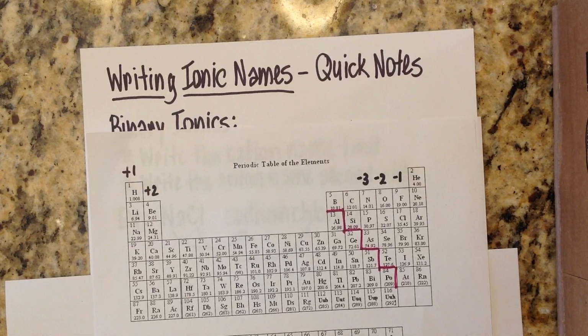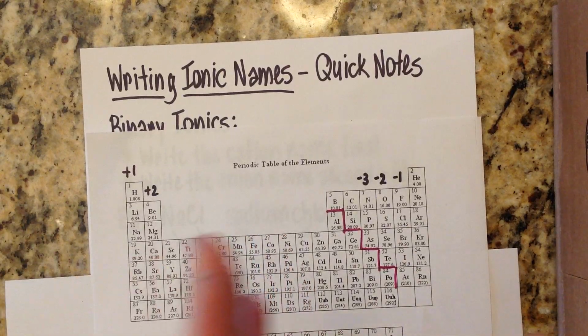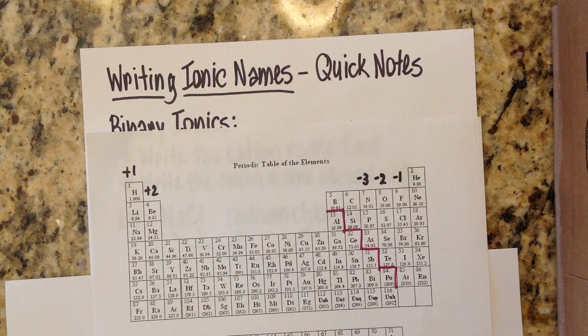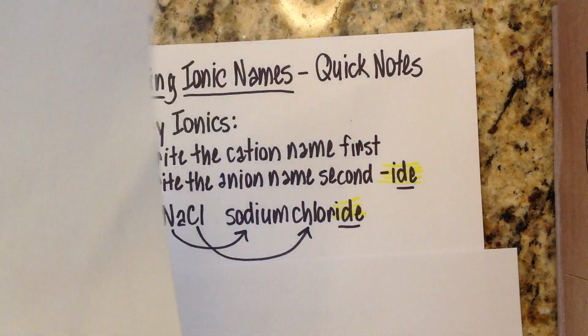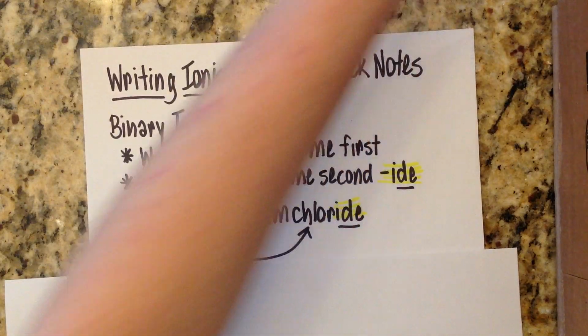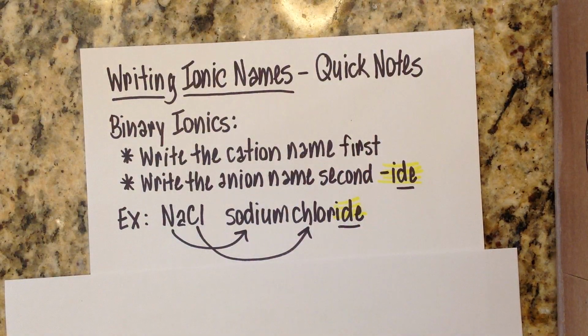And when we do that, you always see the metal first and the nonmetal second. The cation first and the anion second. So the name and the formula and the periodic table all move in the same order, if that makes sense. The periodic table is just amazing.